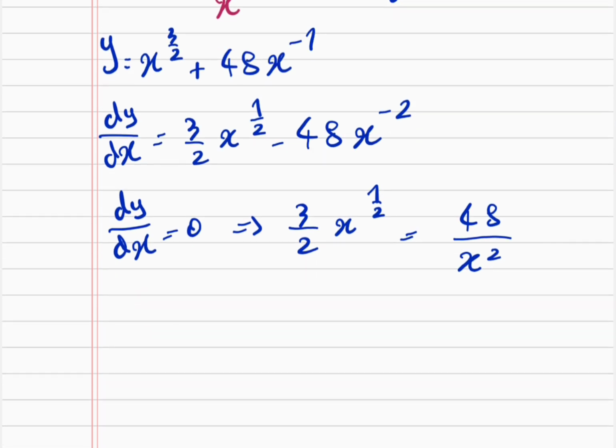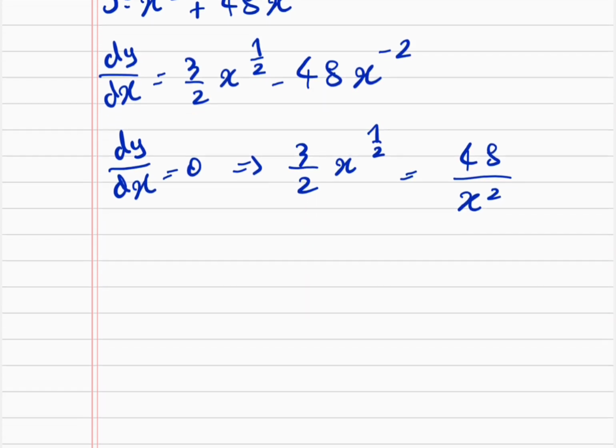Then let's do a cross multiplication. I'm going to multiply both sides by x to the power of 2. That gives us 3 over 2 x to the power of, sorry, not 3 over 2, it's 5 over 2, because 2 plus a half is 5 over 2.